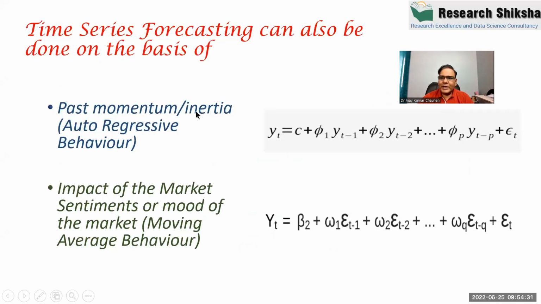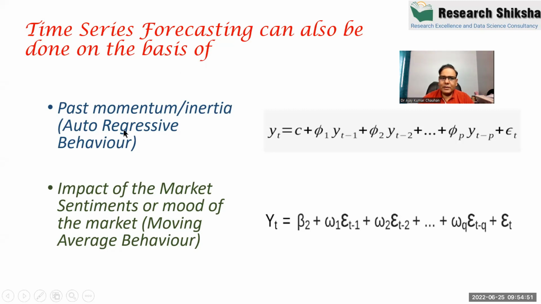Time series forecasting, and it's still univariate, can also be done on the basis of 2 concepts. One is called past momentum. You may have heard about momentum trading, momentum in the series.